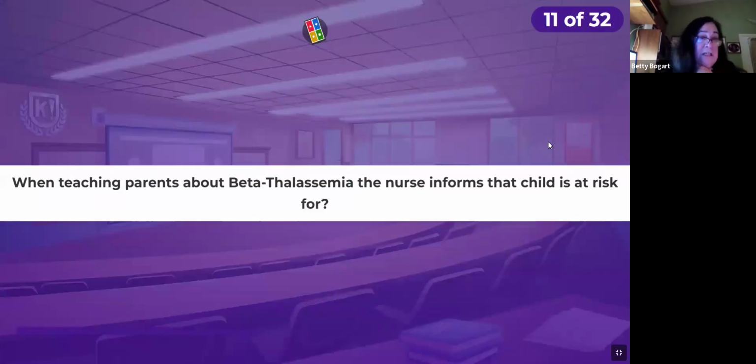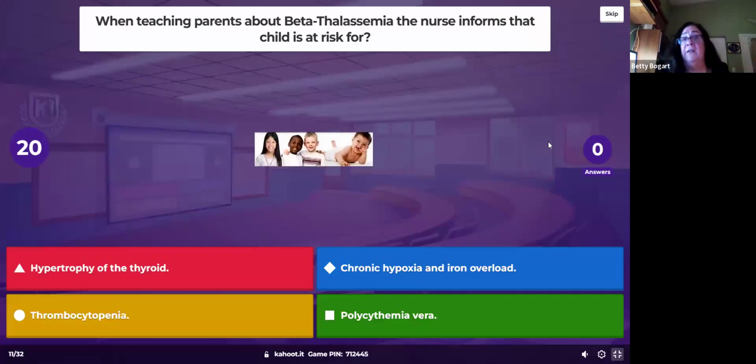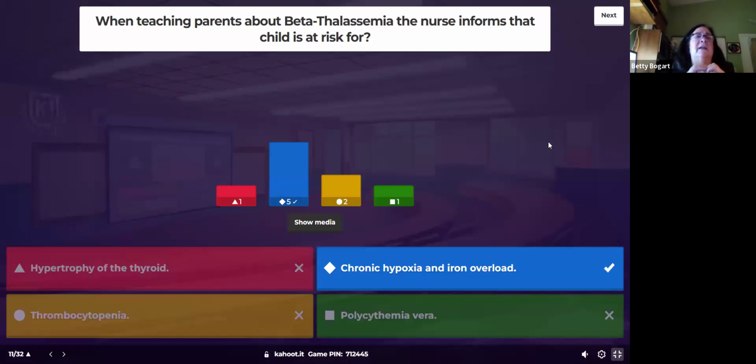What, when teaching parents about beta thalassemia, the nurse informs that the child is at risk for what? What's the problem with thalassemia? What do we watch out for? That's what that's asking. What happens in thalassemia? Remember, thalassemia are those rectangular cells, and the problem is they die quickly, but they burst.